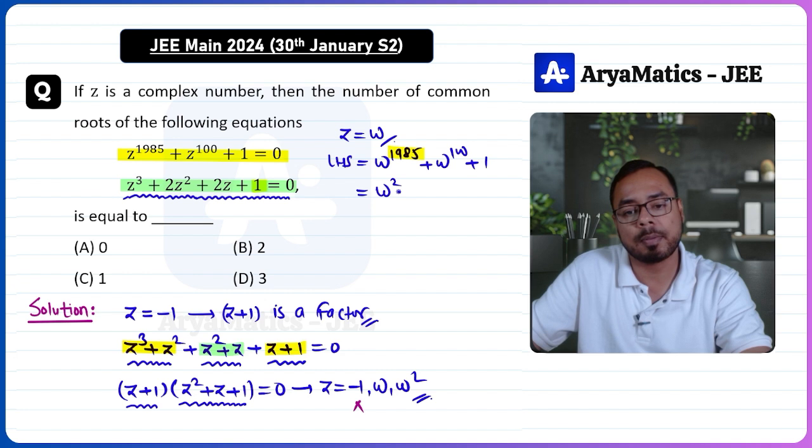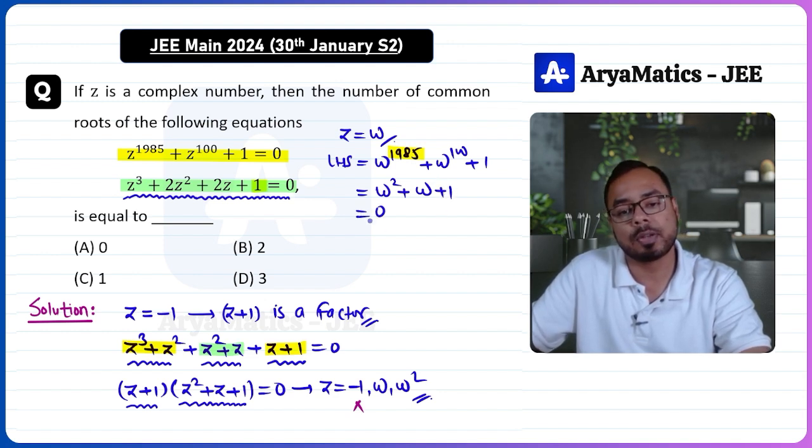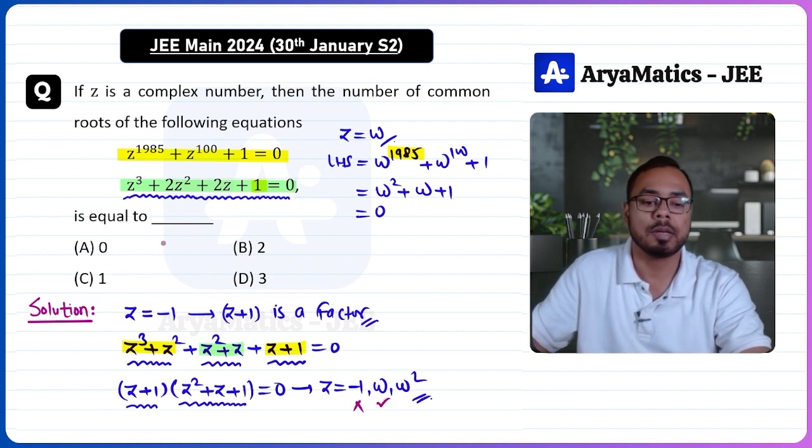That means this term will become omega square. And the next term, omega raised to 100, will be the same as omega, because omega raised to 99 will be 1. So omega square plus omega plus 1 will be 0. That means omega is a common root between the two equations. Omega is a root of the second equation and it will also satisfy the first equation.